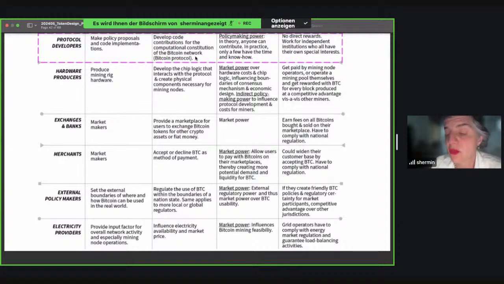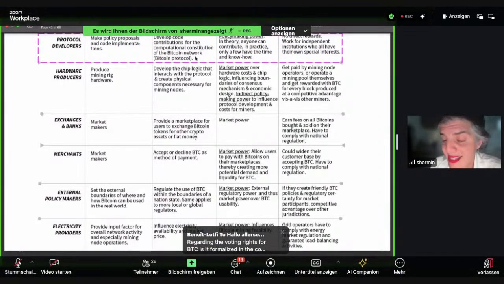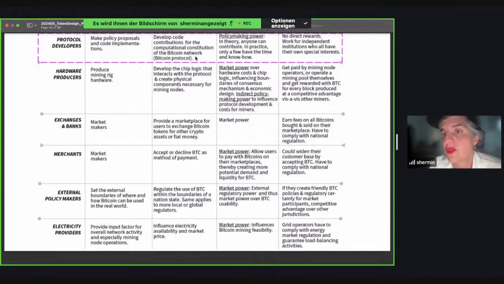As it is also becoming more time intense to contribute meaningful code propositions, less and less people have the time or the money to make protocol improvement proposals and contribute with code. And this has led to centralization of code development or sponsorship of code development by private interests. So this is actually an issue.